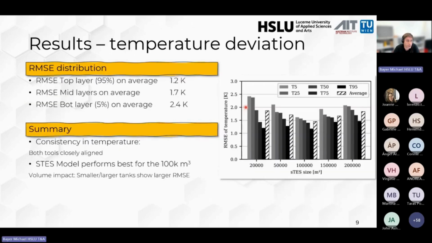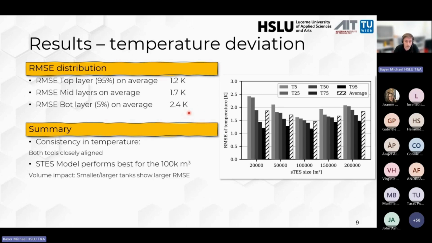Here you can see the root mean square error distribution of the 5 chosen layers. The deviation between COMSOL and Modelica was on average somewhere between 1.2 and 2.4 Kelvin across the different layers, and this level of accuracy underscores the robustness of our model.